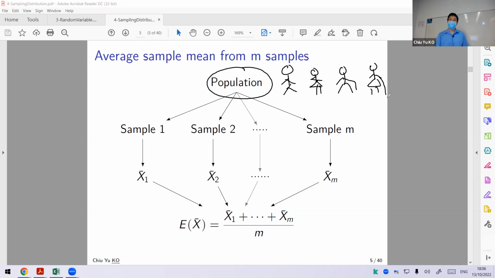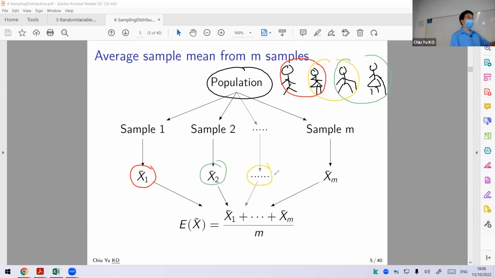In that case, depending on what kind of sample you draw, maybe the first sample you actually draw is a guy and a woman. Then you ask their income, and you get the first sample mean. The next sample may be an old man and an old woman, and they give you another value. Next time maybe a girl and an old man give you another one.